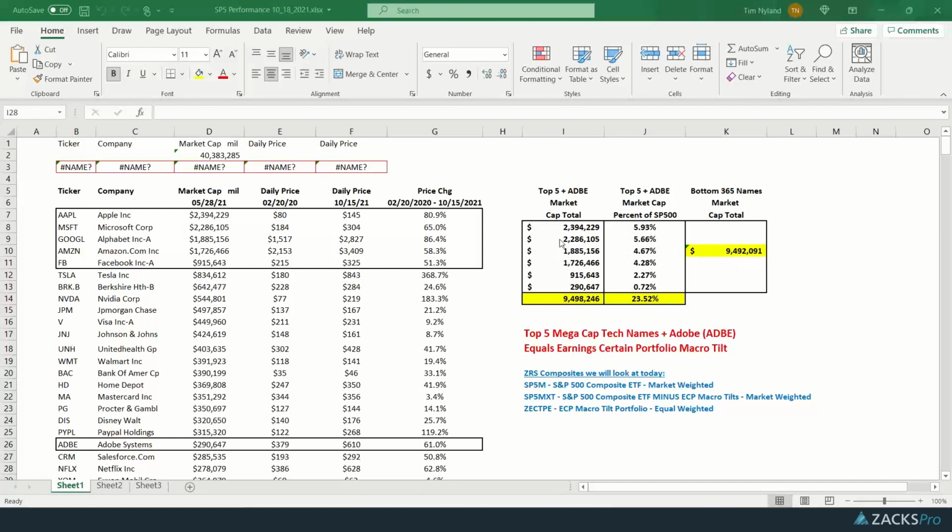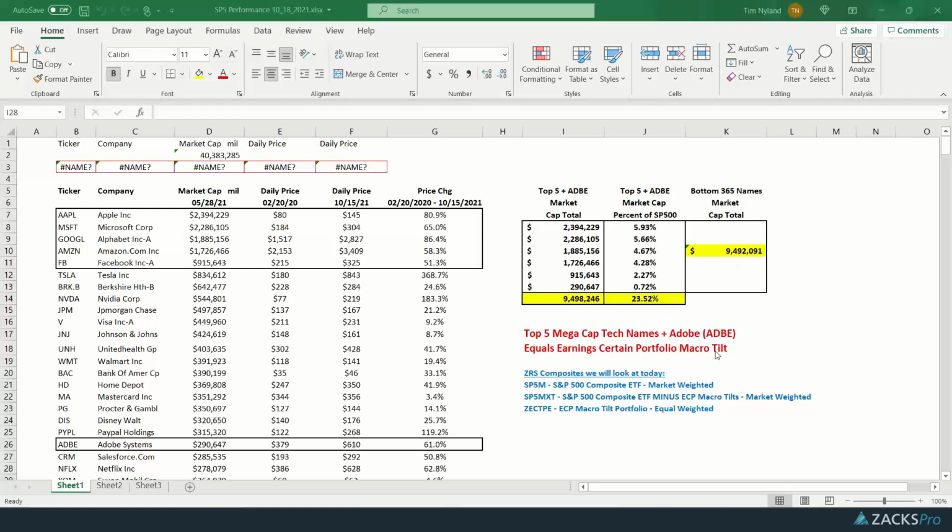So to state that differently, these 6 mega cap tech names that we use in our macro tilt sleeve for the Earnings Certain family of equity model portfolios represent, in terms of weight, the bottom 365 names in total market cap of the S&P 500.